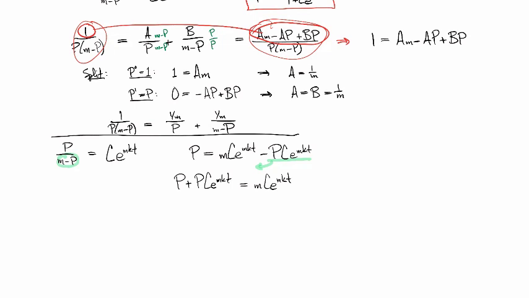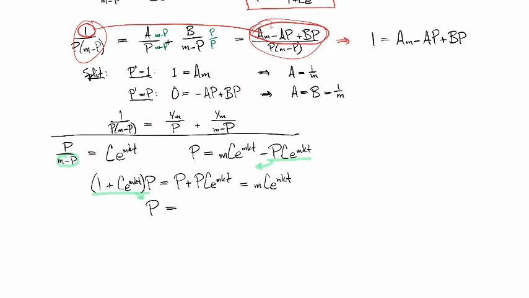And then on the left here, I can factor out the common factor of p, and it looks like I'm going to have 1 plus c e to the mkt. And then this thing I can divide back to the other side to isolate for p.